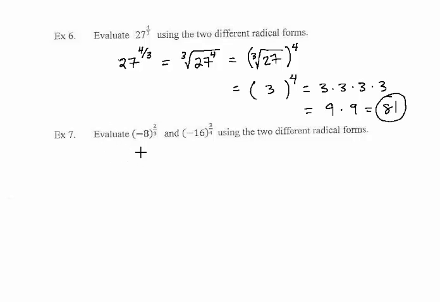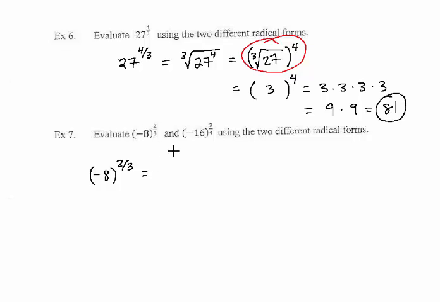Alright, example 7. We have -8 raised to the 2/3. We'll go ahead and write it in this radical form that we see right here, because this form keeps the number inside the radical as small as we can get it.